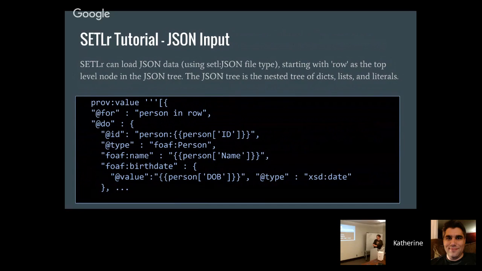Right. So, basically, the main difference between JSON and XML and tabular data is that JSON and XML are both set up to be basically one row, and that row is the JSON or XML tree.